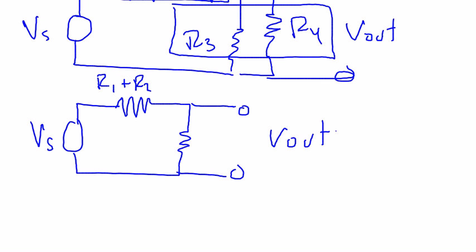The bottom two, because they're in parallel, we can find the equivalent resistance by adding them in parallel, which will end up giving us R3 times R4 over R3 plus R4.